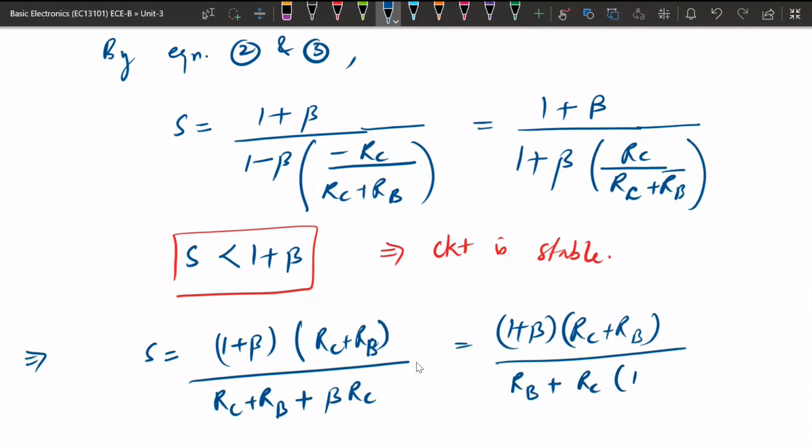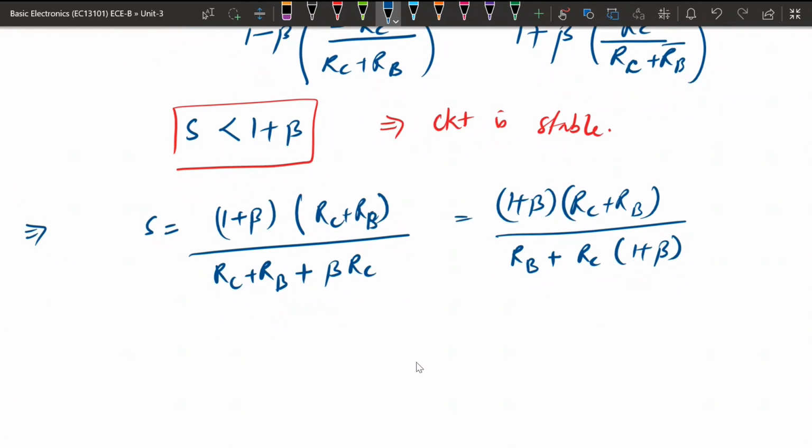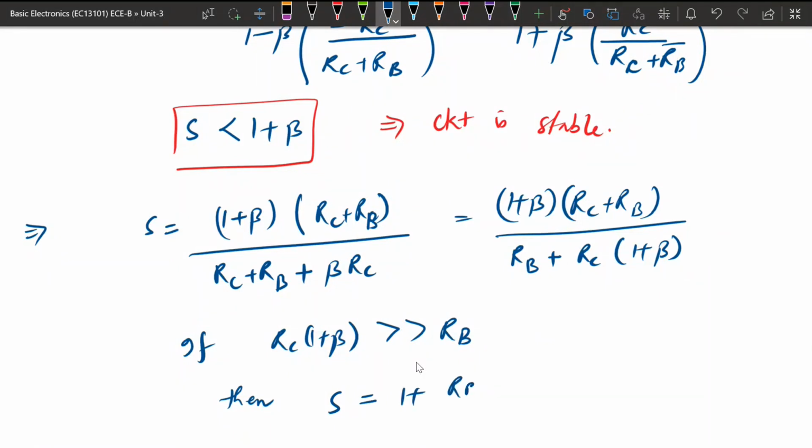Okay, so suppose RC times 1 plus beta is very much greater than the RB value. If this is the case, and we put this assumption into the circuit, we get the S value equal to 1 plus RB by RC.